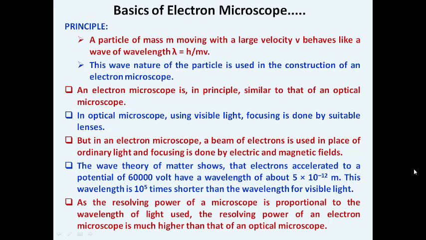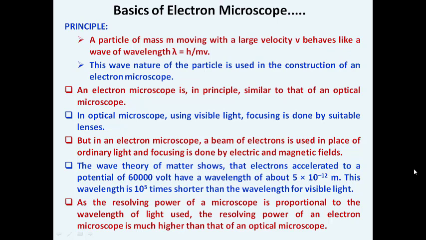Imagine the case: an electron microscope is very similar to an optical microscope, where in the optical microscope we use light of the visible region for focusing on an object by using suitable lenses. Whereas in the electron microscope, electrons are used instead of an ordinary light source. Focusing is done by using electric and magnetic fields.